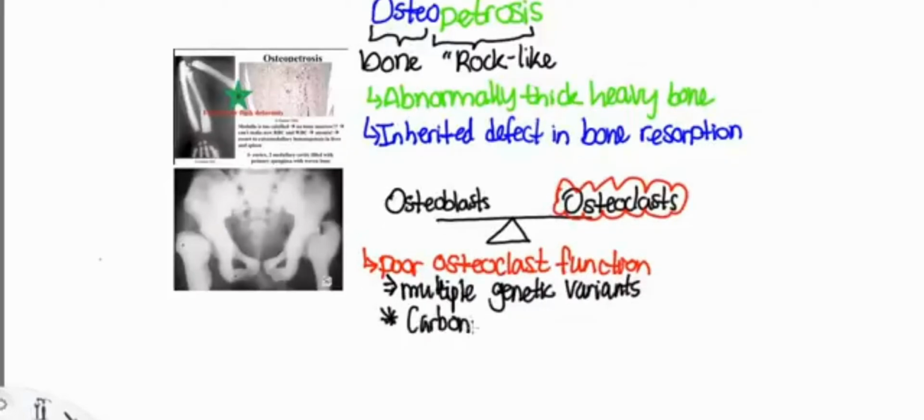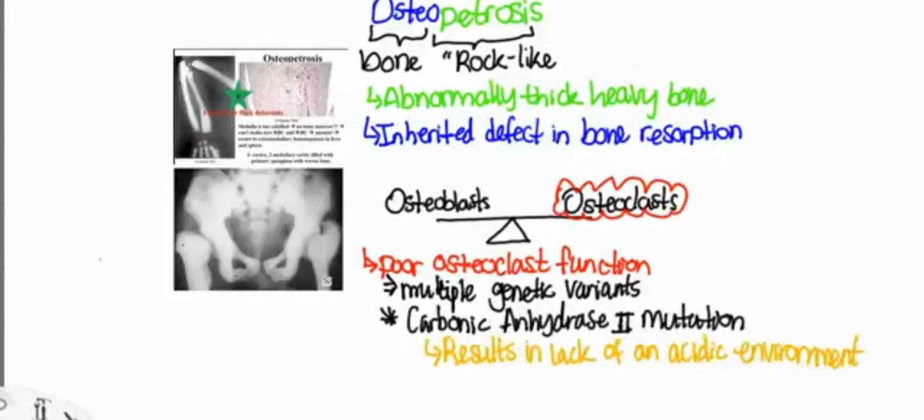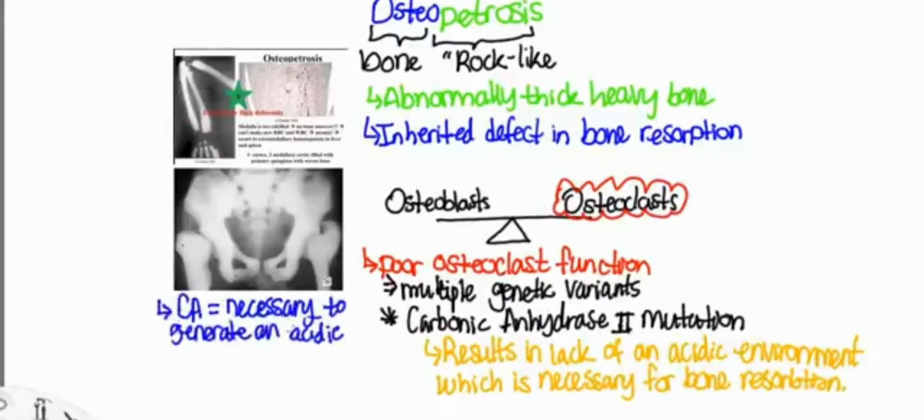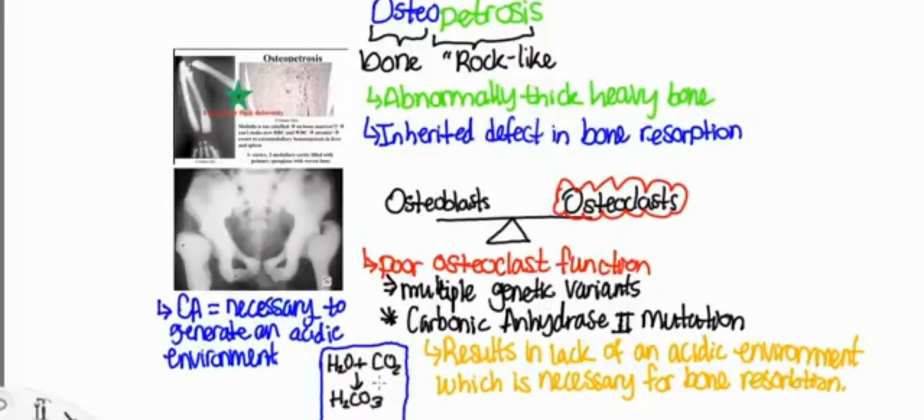Most important is the carbonic anhydrase 2 mutation, which results in a lack of the acidic environment that's required for bone resorption. An acidic environment is necessary in order to remove calcium to resorb bone. To generate an acidic environment, the enzyme carbonic anhydrase is necessary. Carbonic anhydrase combines water and CO2 to make H2CO3.